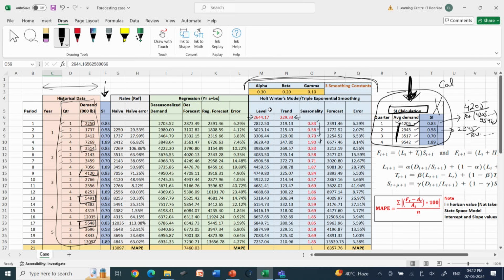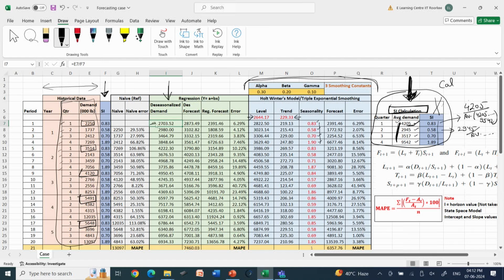So, what do I need to do? I need to deseasonalize my given demand, and for that purpose, if I go to column I, here we are dividing the current demand by the seasonal factor corresponding to that particular period.